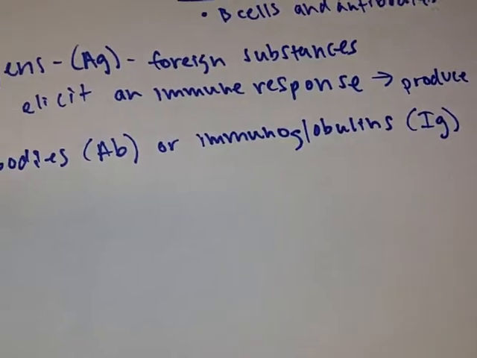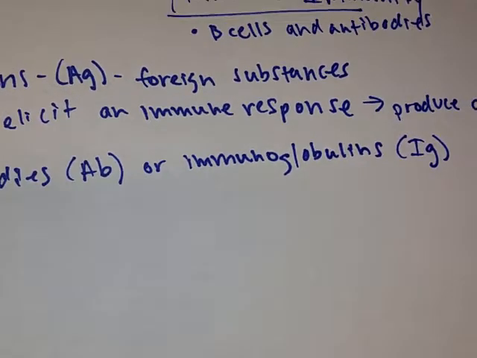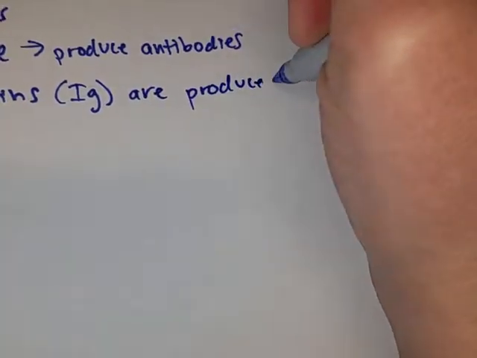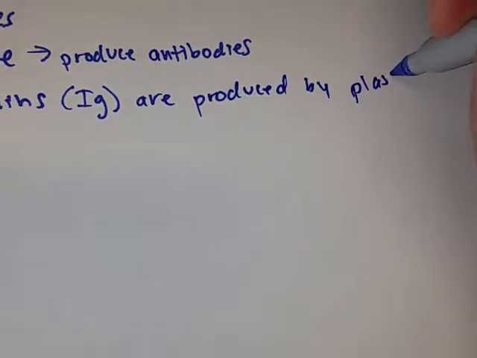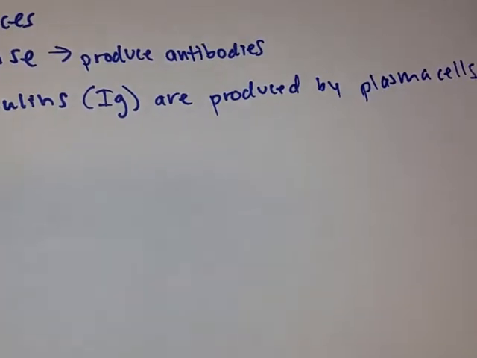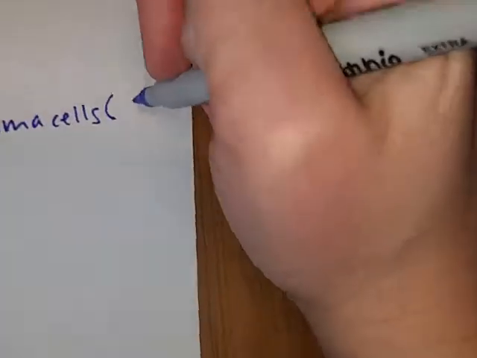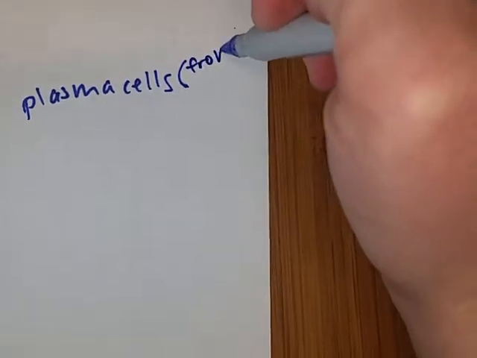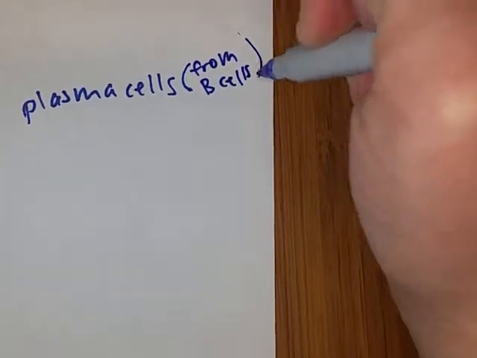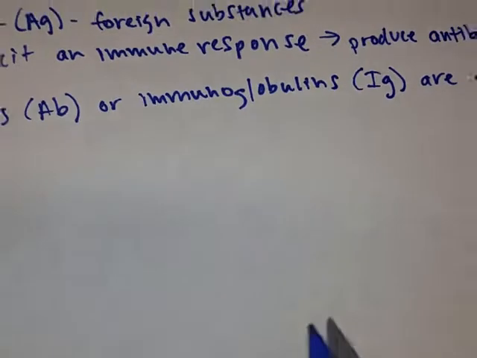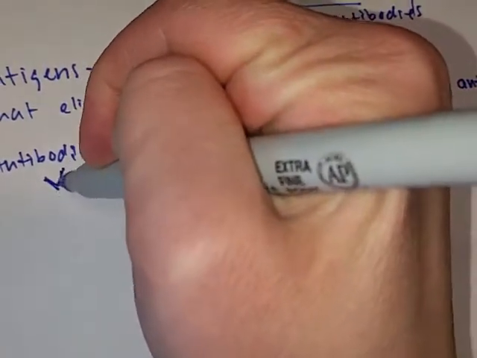These are molecules produced by plasma cells, and plasma cells are derived from B cells.